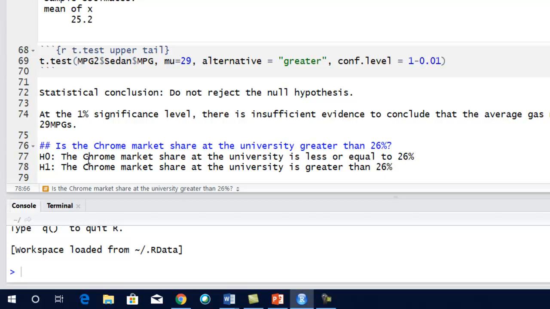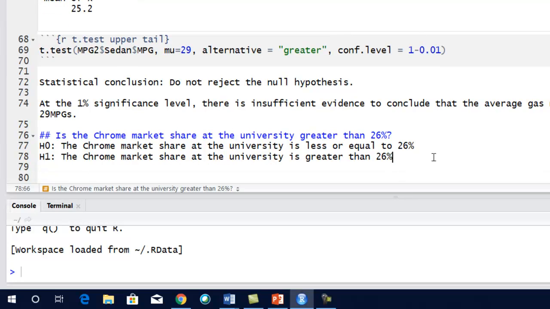Notice that here we do not include the equal sign. The alternative hypothesis never ever includes the equal sign. It can have less, it can have greater, or it can have not equal, but never the equal sign. So now that we have the hypotheses, we are ready to run the test.